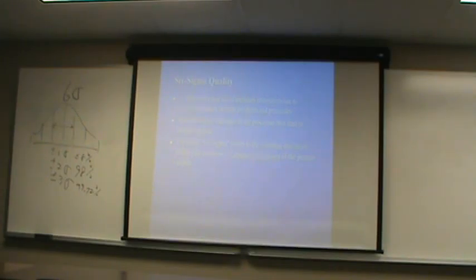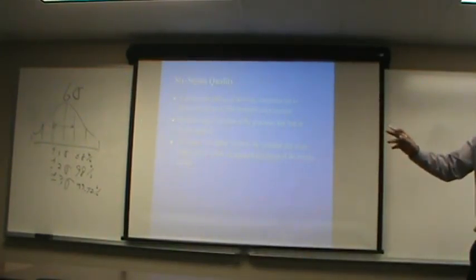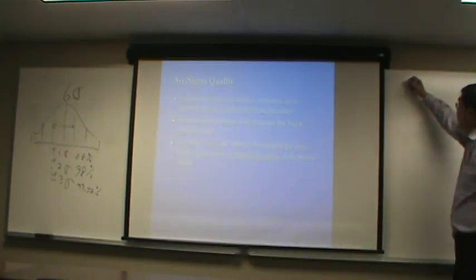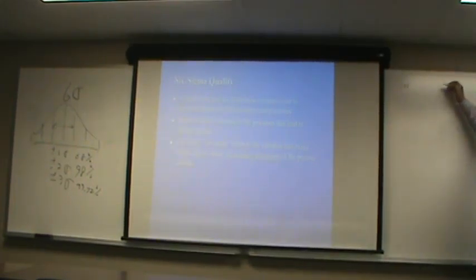That means if a company uses 3 sigma quality specification or quality policies, something like that, if they produce 100, up to 0.27 defect allowed.